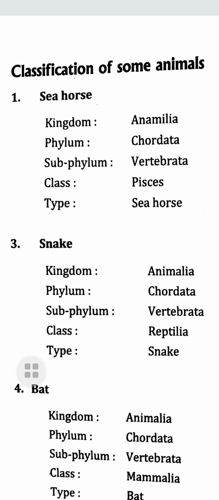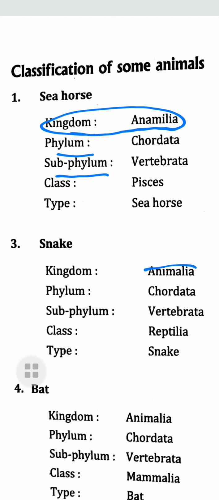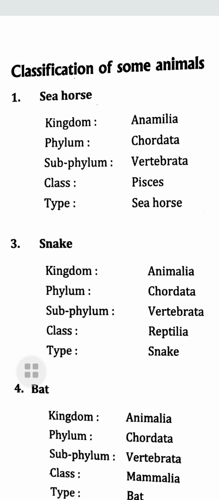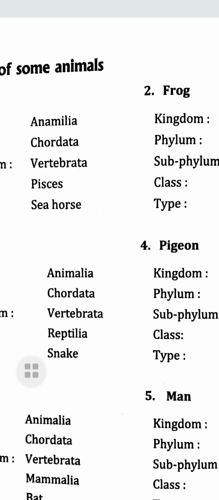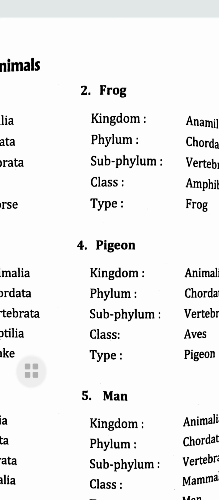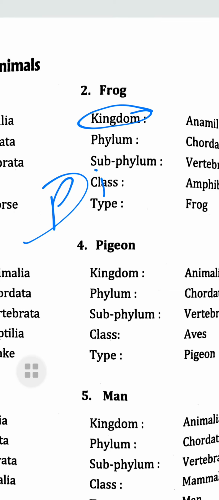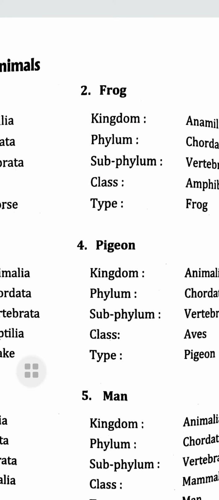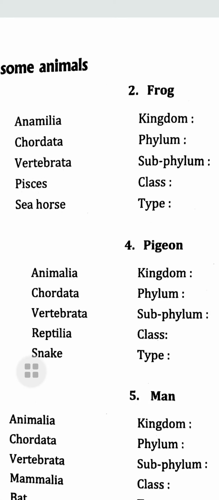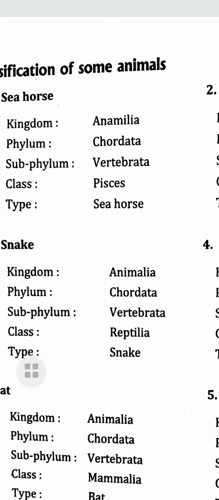Here in classification there is kingdom, phylum, subphylum, class and type, isn't it? In case of plants, we have studied kingdom and division. In animals, there is phylum. So, in today's class, what are we discussing?